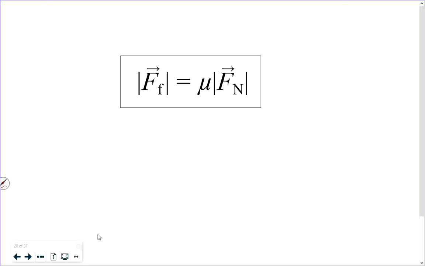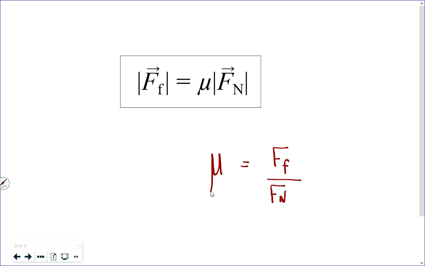This is the relationship. If you take the coefficient of friction times the normal force, you get the force of friction. I told you a little while ago that mu is an empirical thing. It's measured. Well, if you rearrange this, it's the amount of the force of friction over the normal force.